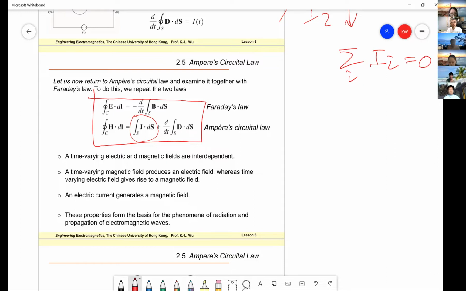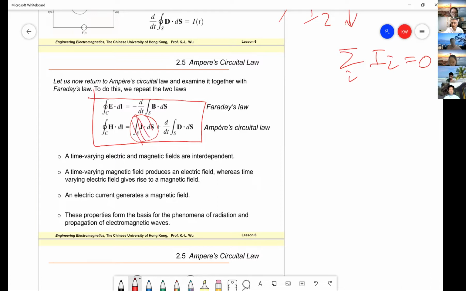You can say yes or you can say no, because the conduction current only exists while the conductor exists. So in my office, in the air, we don't have conduction current, but we have electric field and magnetic field.